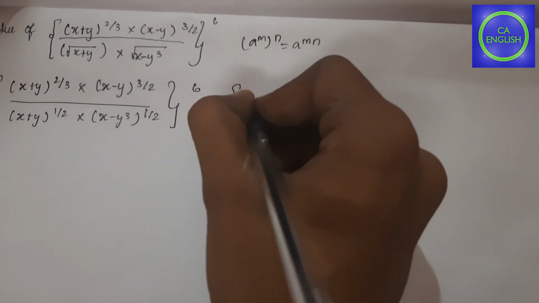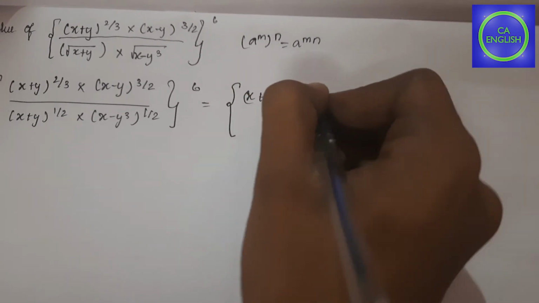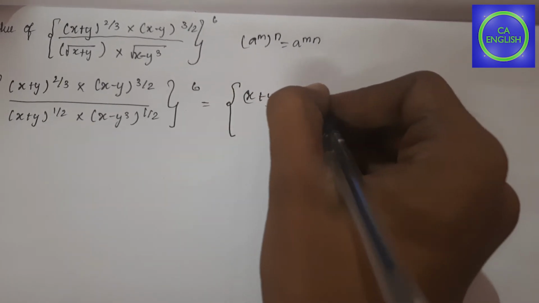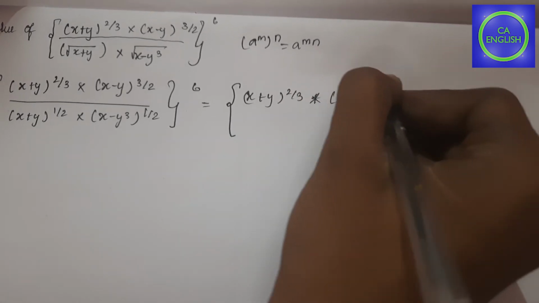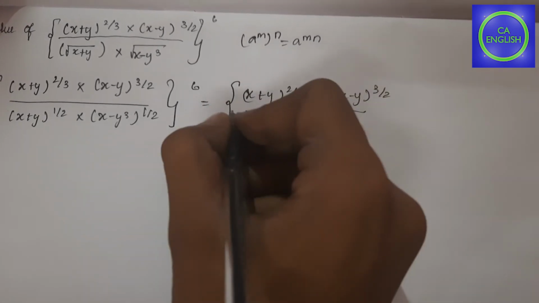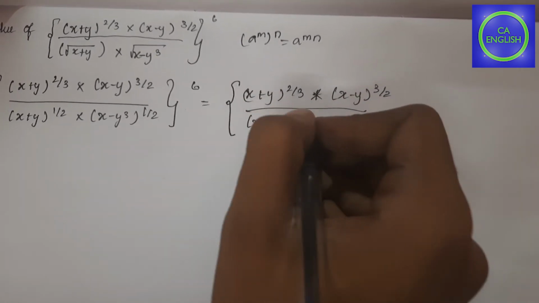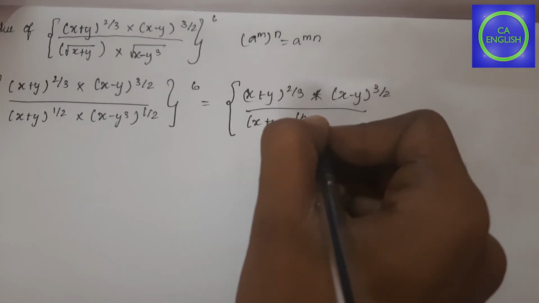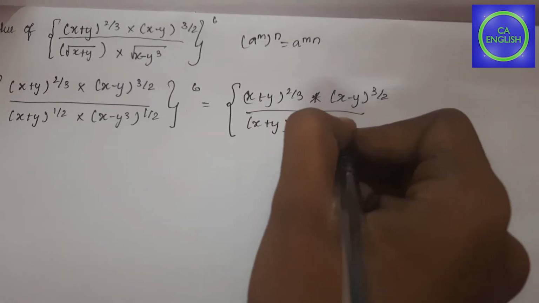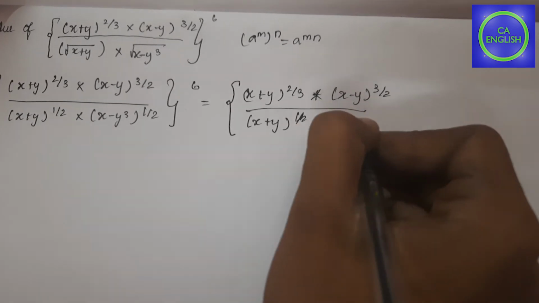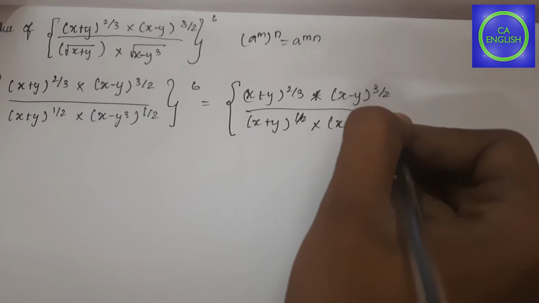Now write the above terms as it is, into x minus y the whole power 3 by 2 divided by x plus y 1 by 2 into 1 by 2 into x minus y, 3 into 1 by 2 becomes 3 by 2.